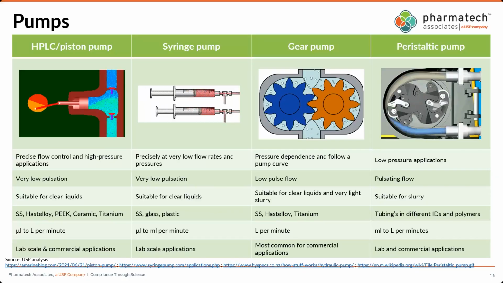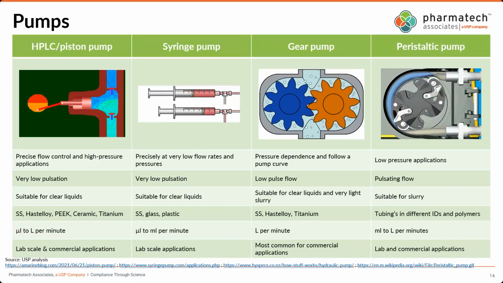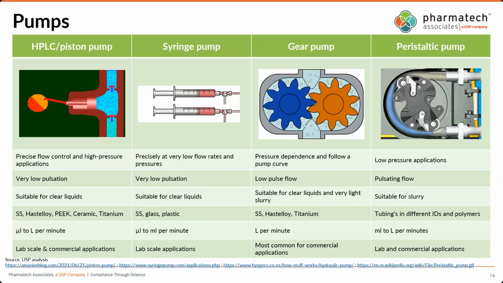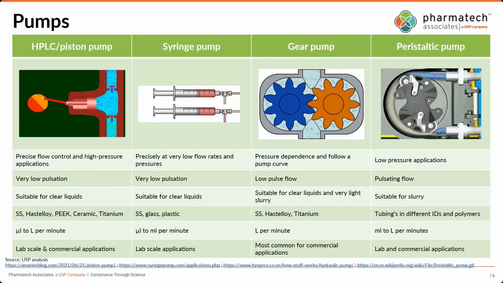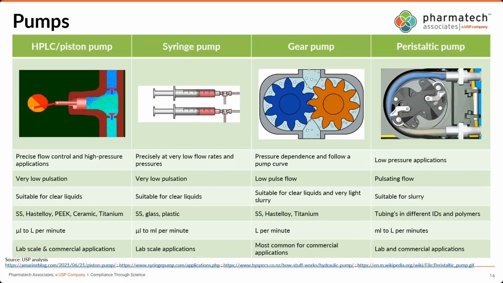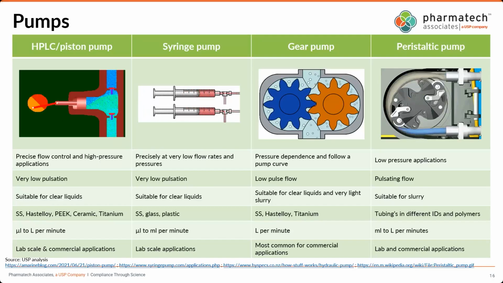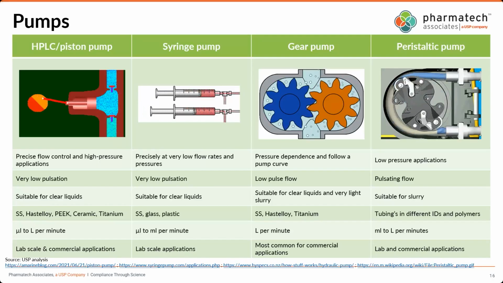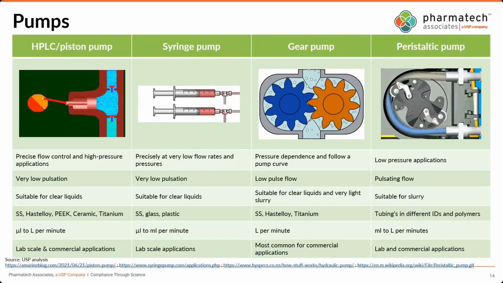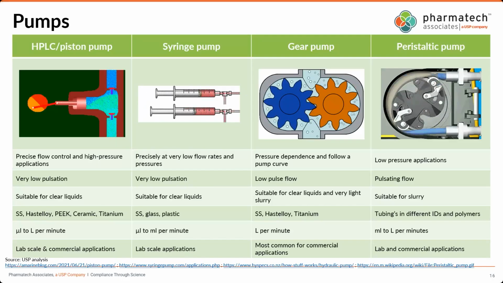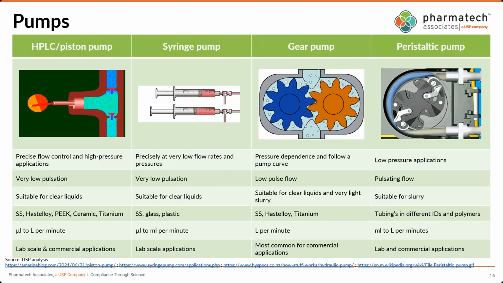The syringe pumps, on the other hand, are an alternate cheap option to the HPLC pumps, and they are basically used for pumping fluids at very low flow rates and pressure. The next are the gear pumps. These are also positive displacement pumps, and they are the primary choice for scale-up applications.